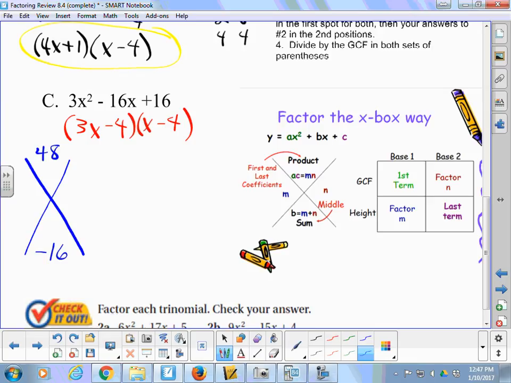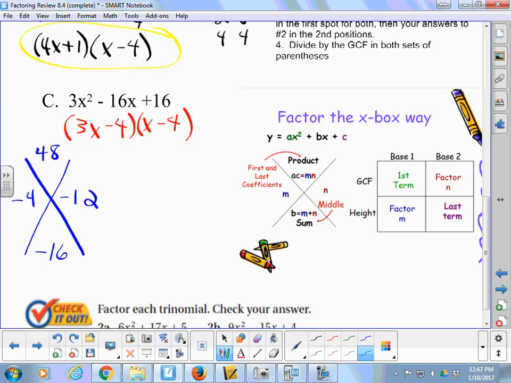So when you found the factors of 48 that add up to negative 16, what were they? Jacob, what were they? Okay, 4 and 12, so negative 4 and negative 12.